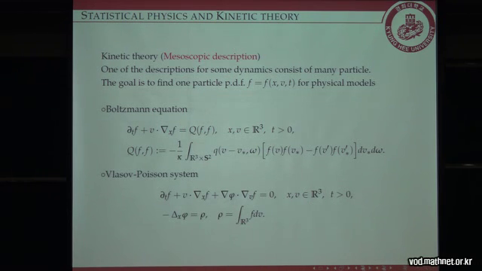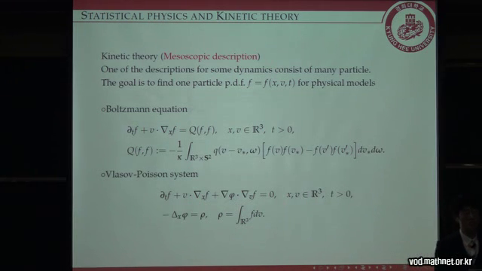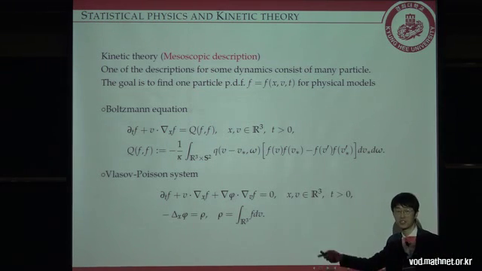Then, if we take the light velocity going to infinity, the so-called Newtonian limit, we can obtain this Poisson system. In this case, this one means electric potential. And for the galaxy dynamics case, this means gravitational potential. Right.